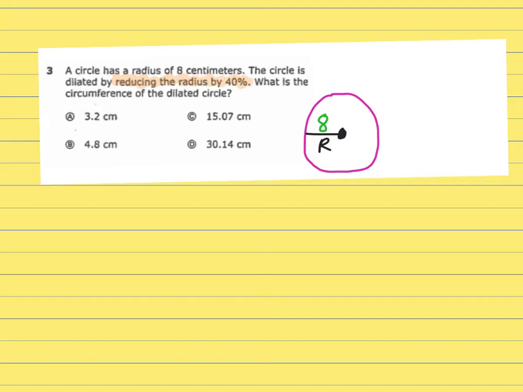Anytime we work with percents, we change those to be a decimal, and then we can work with it. I'm going to reduce it by 40%. So, in my working with dilations, reducing also means that I would need to subtract to get the new amount.